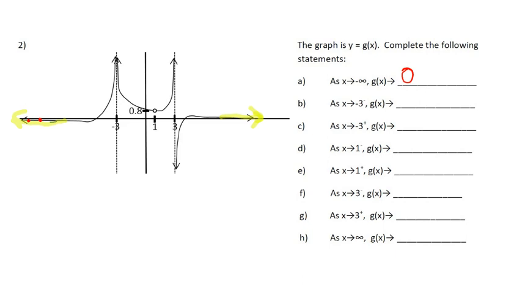Asymptote, right. Now find the two arrows that are squeezing in on the dotted line and ask yourself, are they going up or down? What's the one on the left side doing? Going up. So that's this one. And what's the one on the right side doing? Also going up. So I want to answer positive infinity on the left side of the asymptote, and I'm approaching positive infinity on the right side of the asymptote.